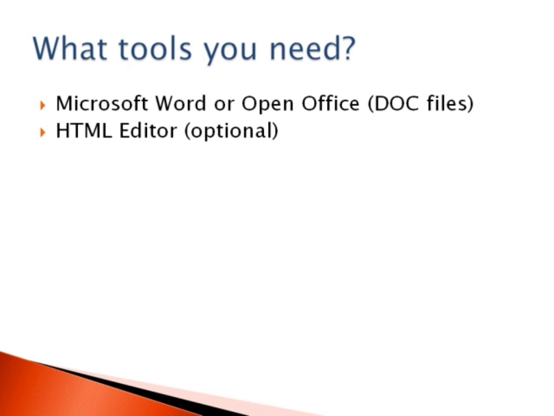And then you're going to need an HTML editor, especially if you want to edit the HTML and things like that. You can convert a Word document into HTML format, which is fine. But with an HTML editor, you have a little more leeway as far as the look of your end product, because Amazon Kindle does allow images and things like that.